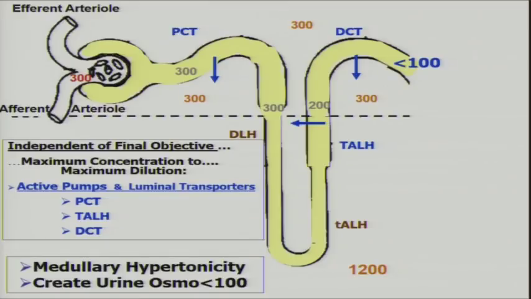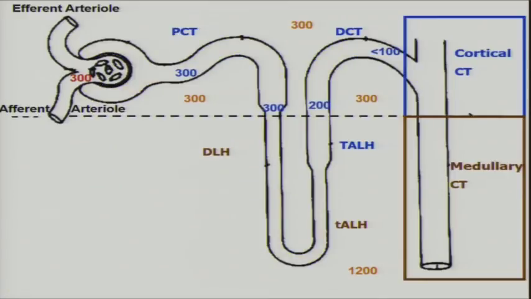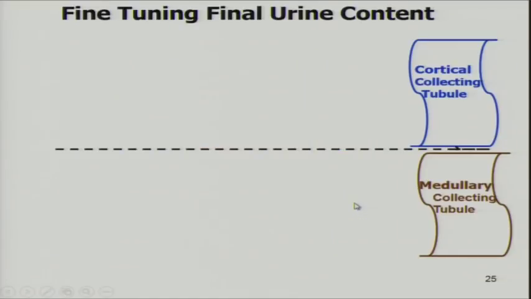And this is going to happen in all circumstances. We then get to how we now fine-tune the urine, depending on the clinical scenario. So we start off with the urine osmolarity of less than 100, and then you get to the collecting tubule. So now what's fine-tuning the final urinary sodium is aldosterone.